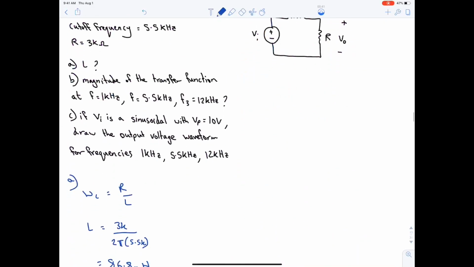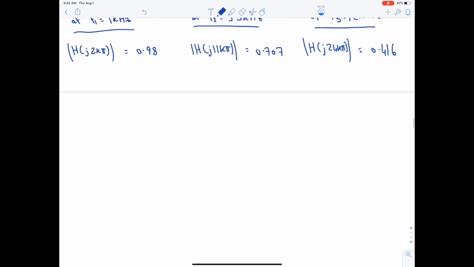Okay, what's part C? Part C says if Vi is 10 volt, what is this? There's a mistake here. 10 volt peak. Draw the output voltage waveform at those frequencies. So now we have to sketch V output. How can we find V output at those three frequencies?